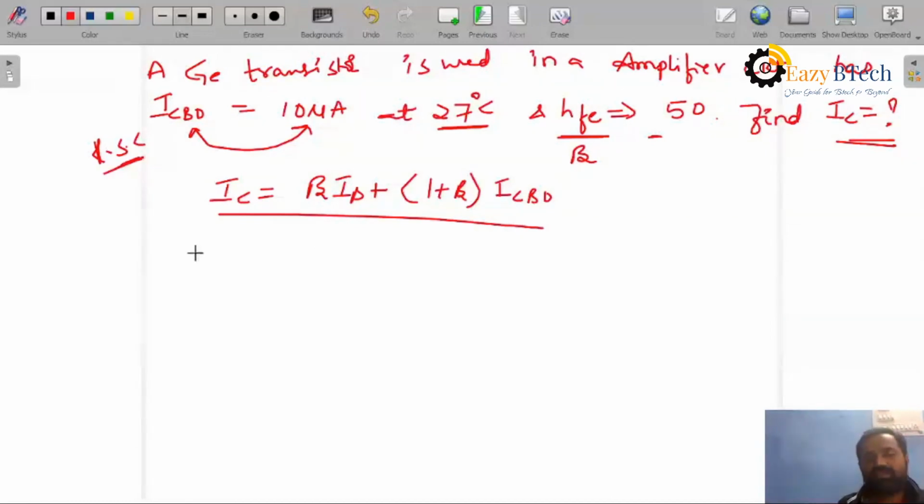Now from this you can write IC is equal to beta 50 into IB. To get the IB, what we have to find? How we can find the value of IB? IB has given in the problem.